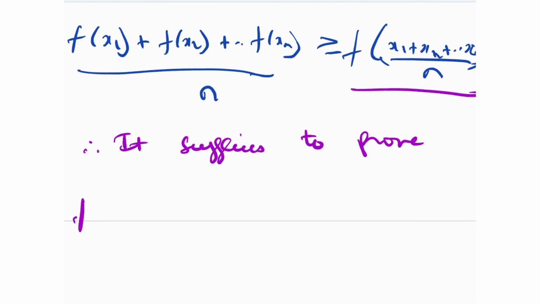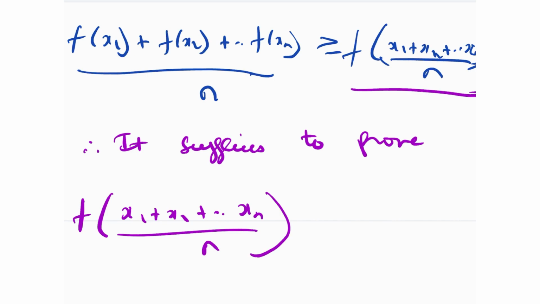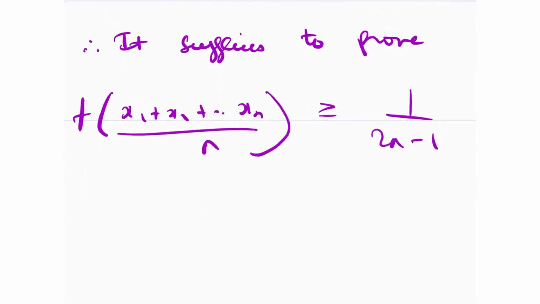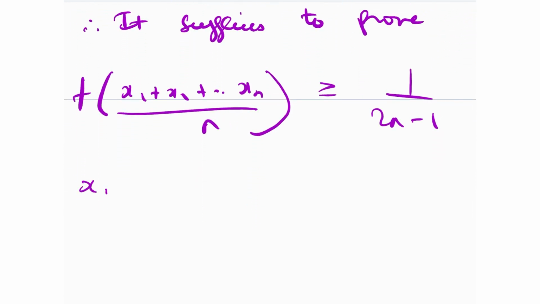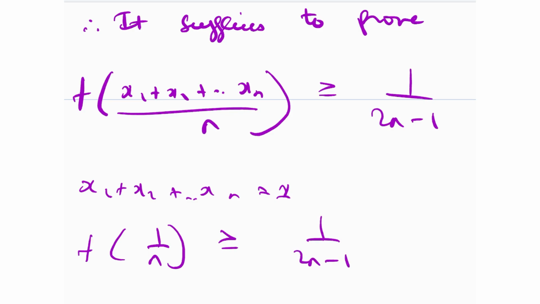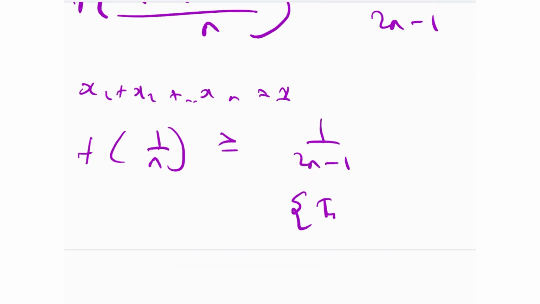So it suffices to prove f of x1 plus x2 all the way up till xn divided by n, the function of the mean, is greater than or equal to 1 over 2n minus 1. Now, x1 plus x2 plus all the way up till xn was given to be 1. So really I can write this as f of 1 by n is greater than or equal to 1 by 2n minus 1, and this is what I need to prove.